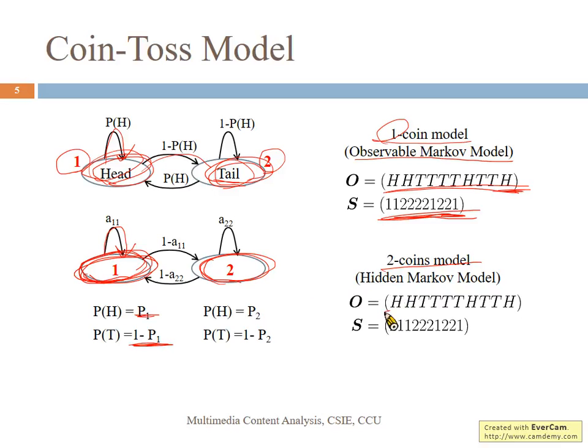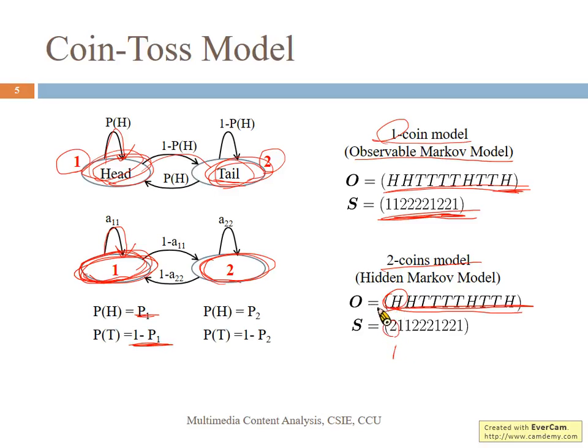So given the observation sequence, head, head, tail, tail, tail, head, tail, tail, head. Further, for the first head, we actually don't know which coin has been selected to give the head result. So the state may be 2 or maybe 1 actually.